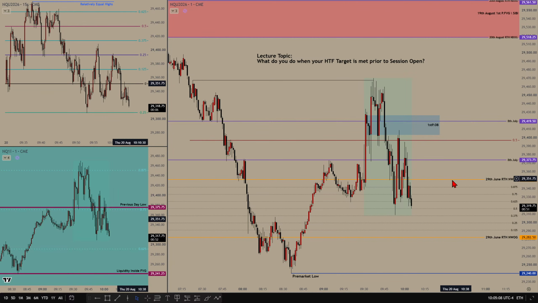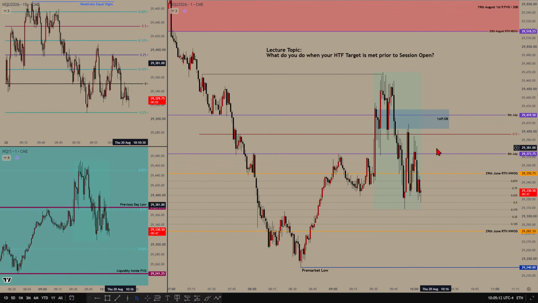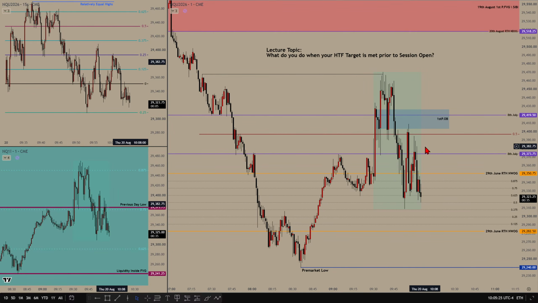Every time it has a move up, it just fails. It gets slapped down. And you know, start looking for setups and call it a day. If you don't get a first presented fair value gap, you should call it a day. So right now, you should probably call it a day.